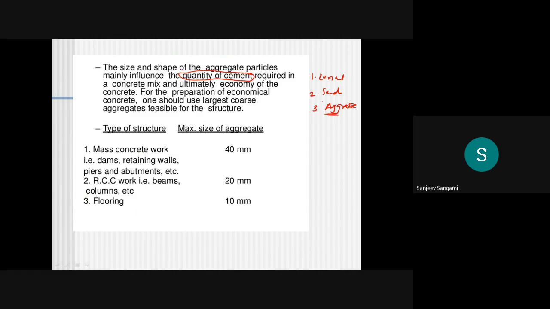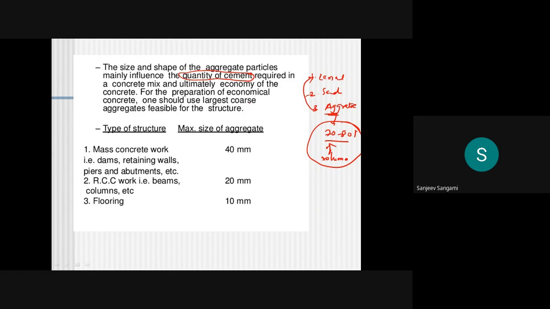And as per our understanding, aggregate occupies 70 to 80% of the volume of concrete. So with this, we can say that it plays a very important role. If proper gradation is not maintained, it affects the cement and the sand. So that has to be taken care of.